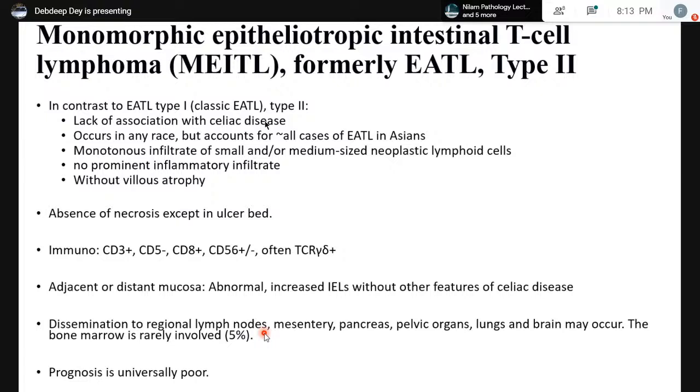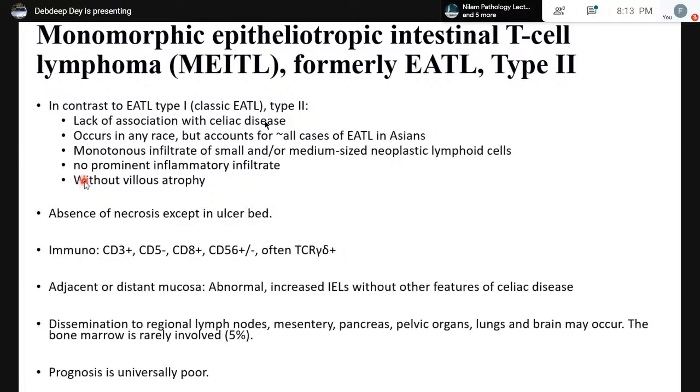Now, in contrast to EATL type 1, or in contrast to EATL, MEITL has a lack of association with celiac disease, predominantly occurs in the Asians, and shows a monotonous infiltrate of small to medium-sized neoplastic cells. There's no prominent inflammatory infiltrate, as you saw in this previous example, and there would not be villus atrophy.